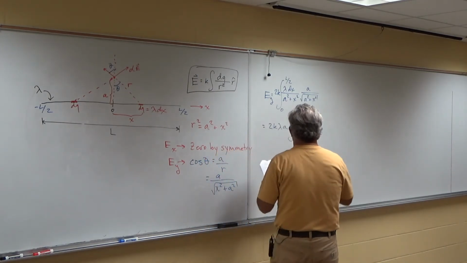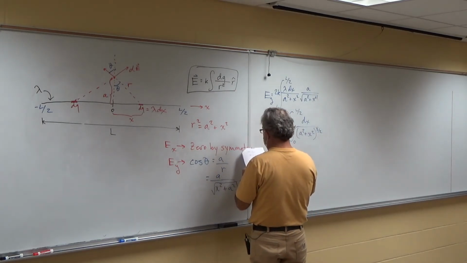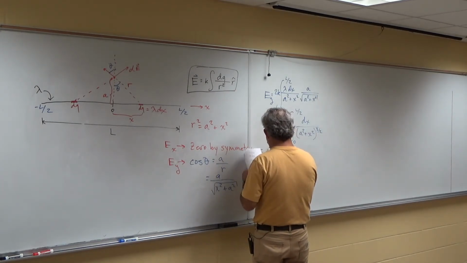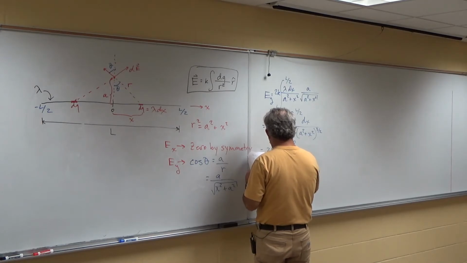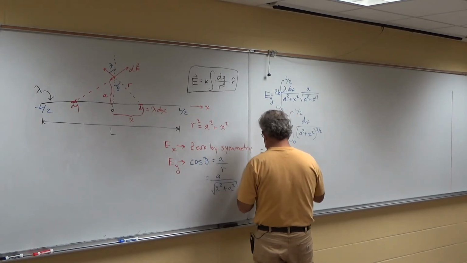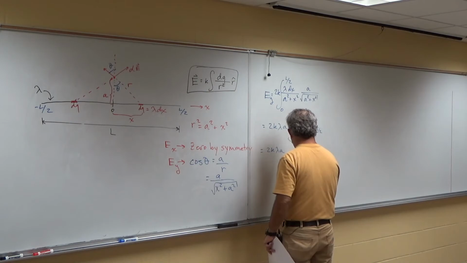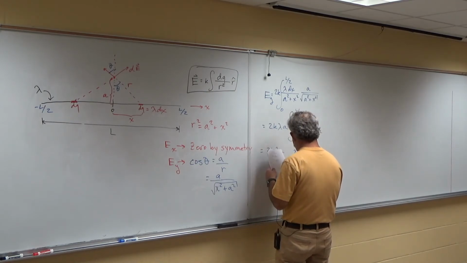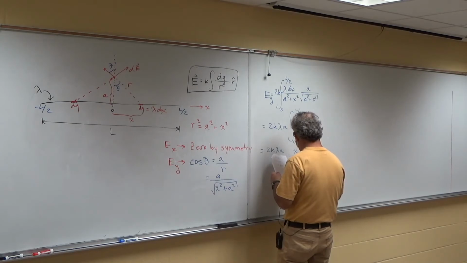Okay, this is equal to 2k lambda a times x over a squared times the square root of x squared plus a squared.